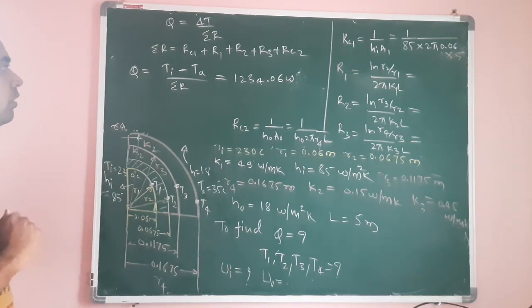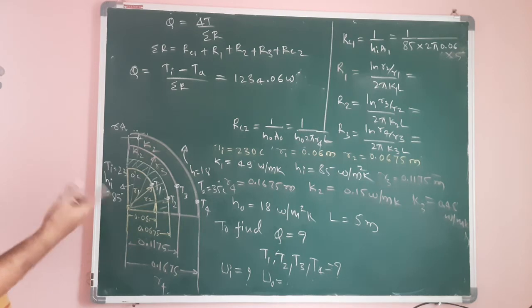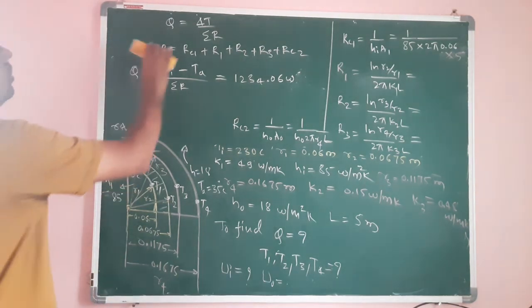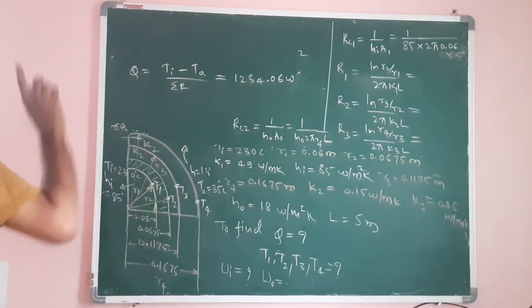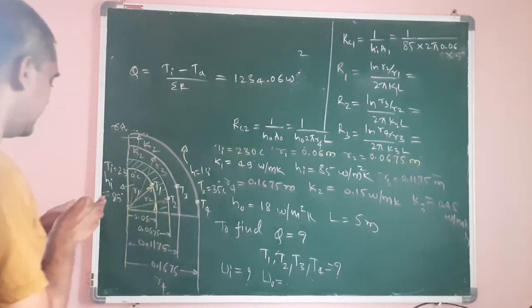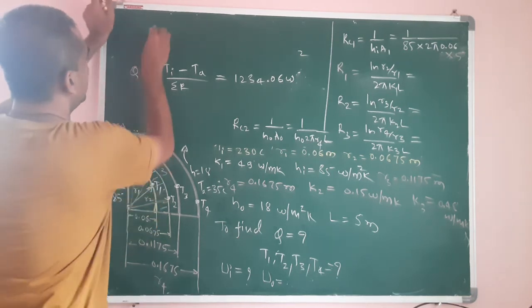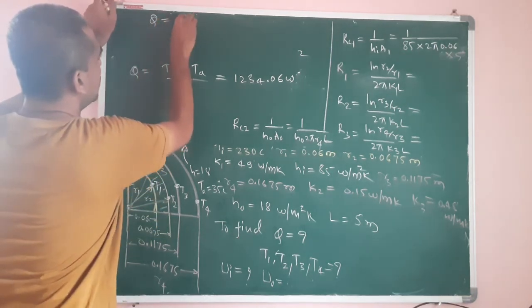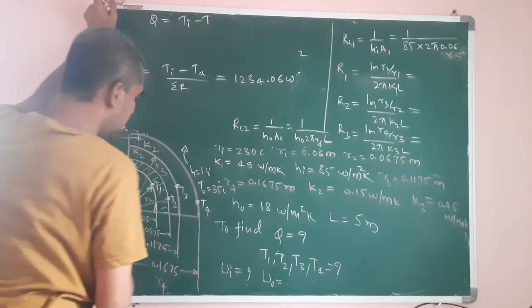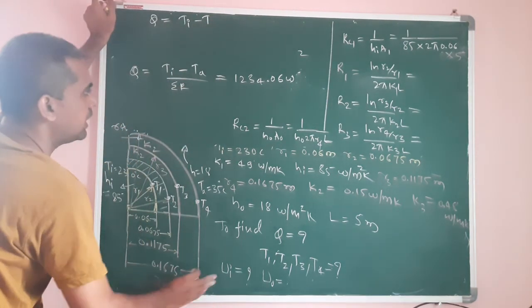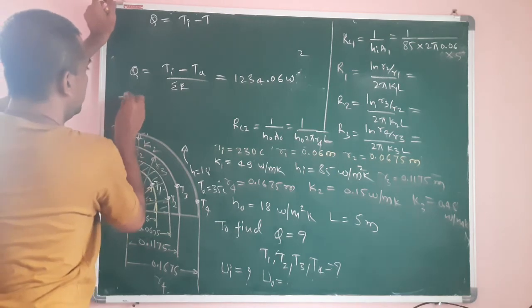Now we have to calculate, next what they have asked to calculate, T1. How to find T1? I will tell you again. Q remains the same, that is the important point here. If I write Q is equal to Ti minus T-infinity, then I have to write the thermal resistance between Ti and T-infinity.